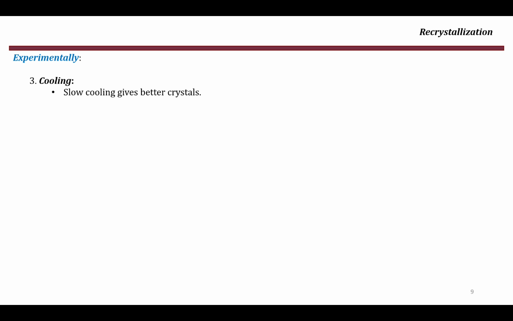Whereas if you use fast cooling, let's say you removed this hot beaker and you put it in an ice bath or in the fridge, then in this case the crystals that will form will usually be very small, like a powder, and they will have lots of impurities. So always slow cooling is better than fast cooling.